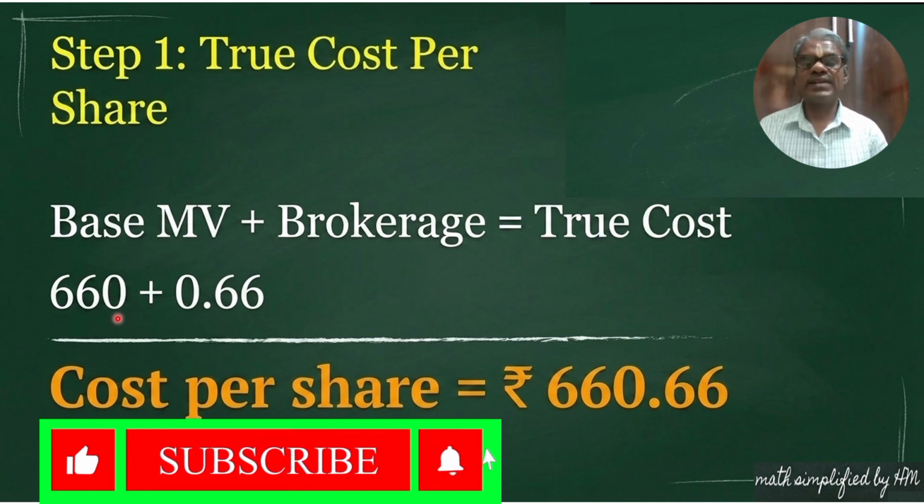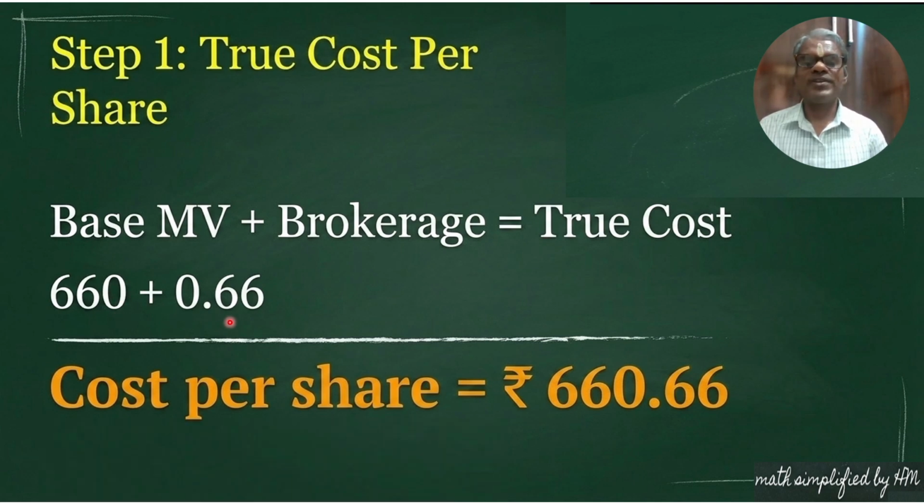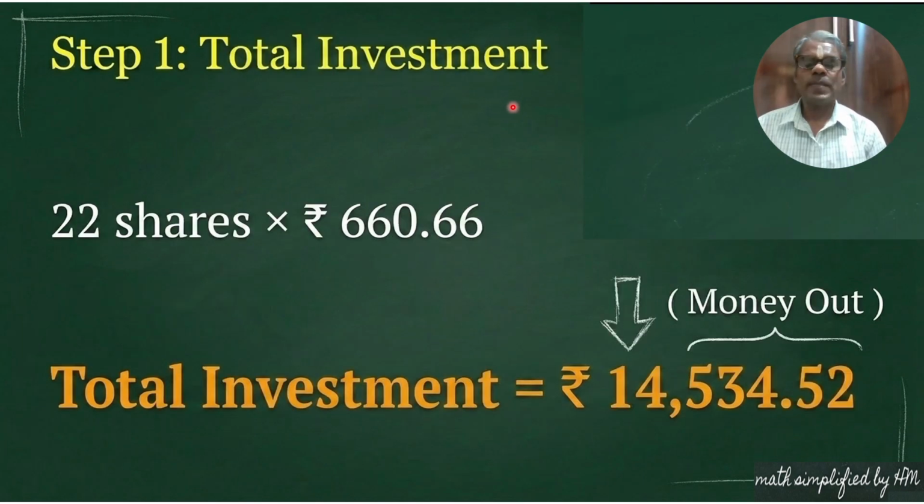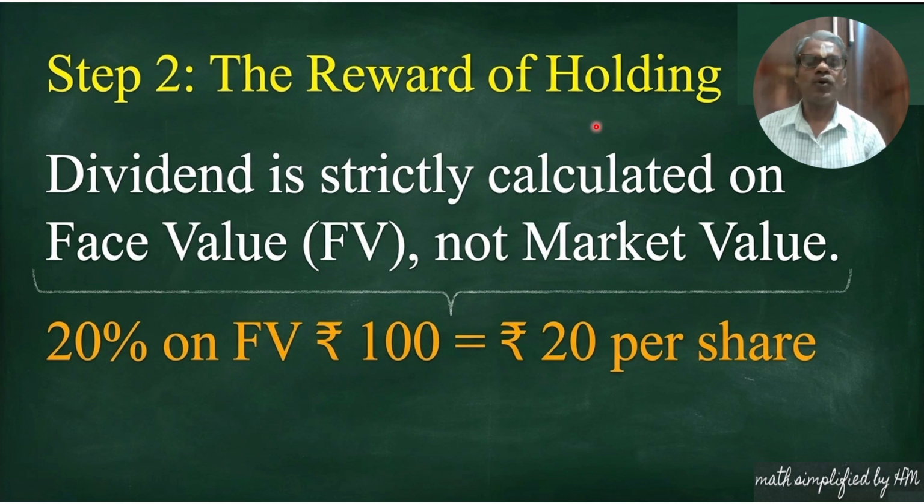Therefore, 660 plus 0.66 gives us cost per share is equal to rupees 660.66. Total investment: 22 shares into rupees 660.66 gives us total investment is equal to rupees 14,534.52.